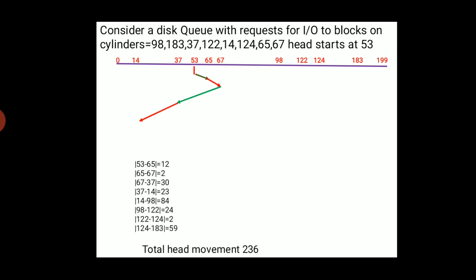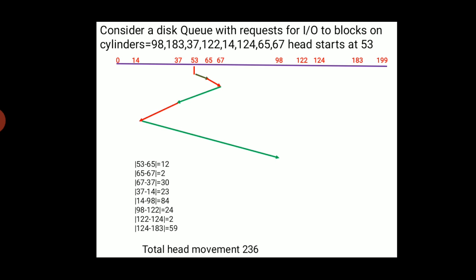Again from the current position 14, the remaining request having minimum seek time is 98. So the read-write head will move from location 14 to 98. Now the current read-write head position is track 98.